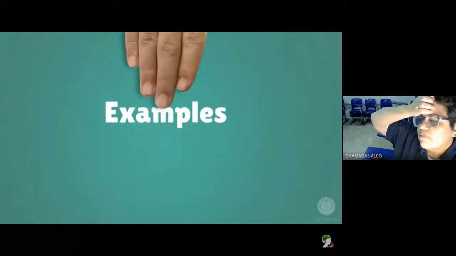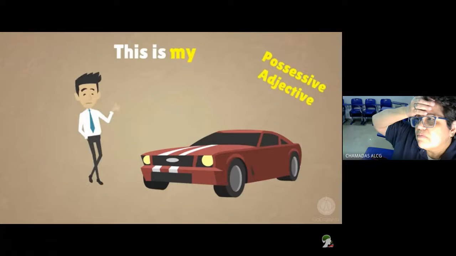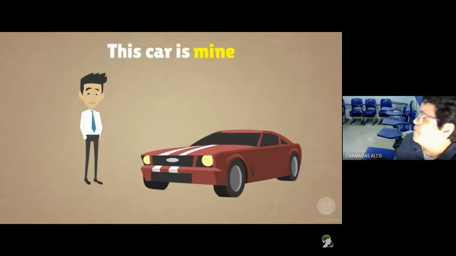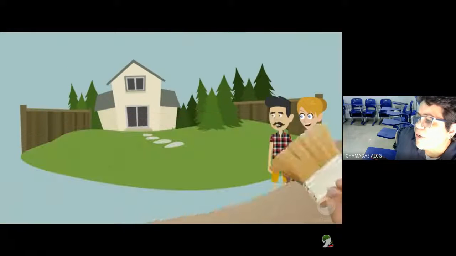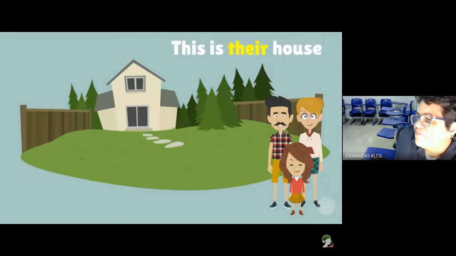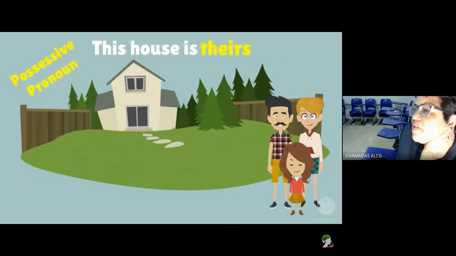Examples. This is my car. This car is mine. This is their house. This house is theirs.